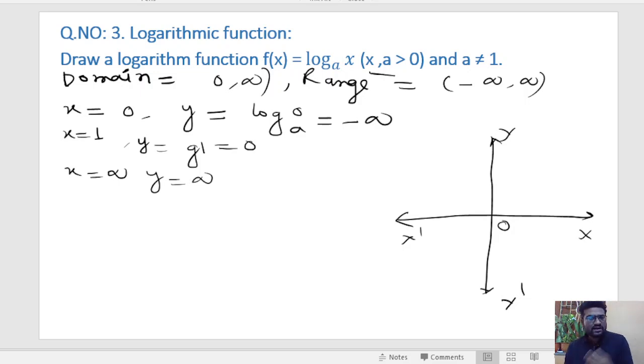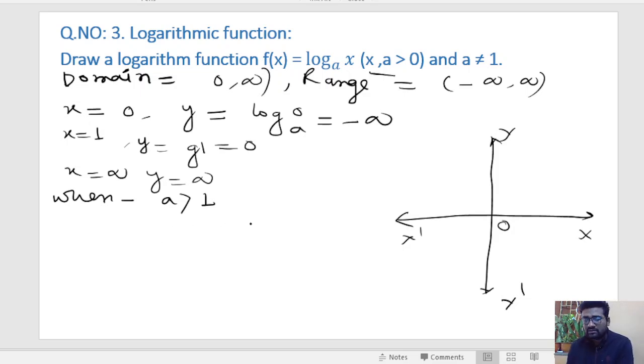This function has another name, the inverse exponential function, and the function is increasing when a is greater than 1. This is the inverse function of the exponential.